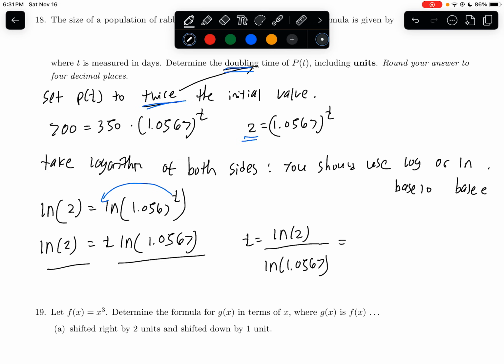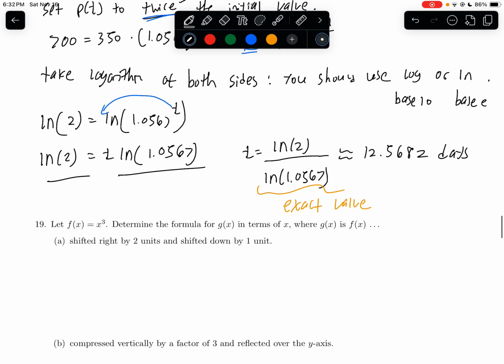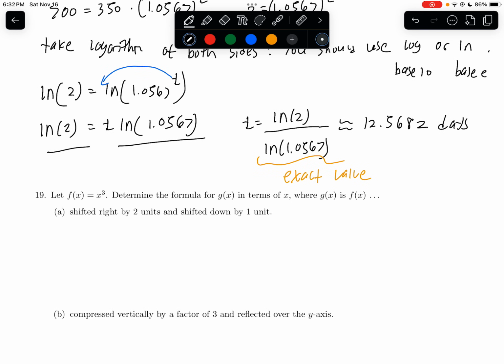And this is the exact answer. This is about 12.5682, and the units of the doubling time have to be days because the function's measuring in days. This is the exact value, and then obviously the decimal is the approximation. So about 12 days, a little over 12 days to double.